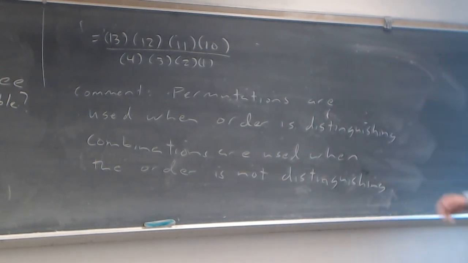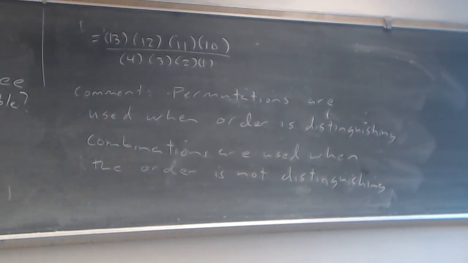We can see combinations are what we should be using in the previous example for committees, because if I say the committee consists of person A, person B, person C, and person D, that's the same thing as saying the committee consists of person D, person C, person B, and person A. The way that we order the people doesn't matter in terms of saying who's on the committee.